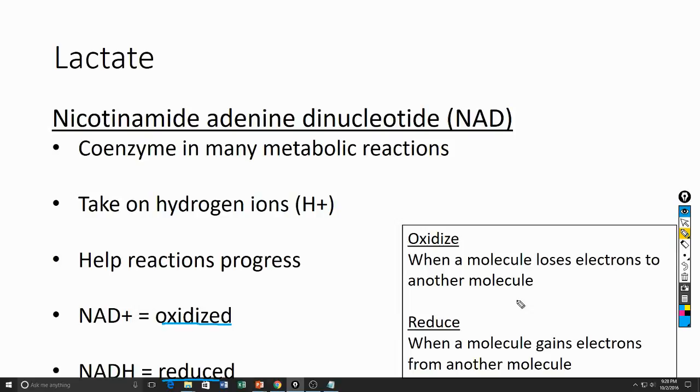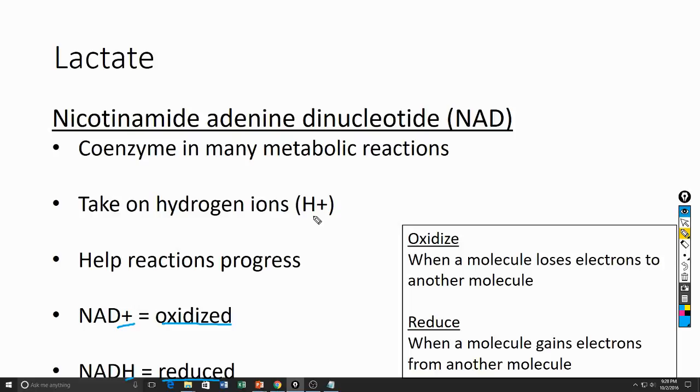I put a little box over here for you guys. Essentially, the oxidized version of something is when it's missing a hydrogen or missing an electron, and the reduced form is when it's got it. So if it's oxidized, it means it's ready to take up a hydrogen, and if it's reduced, it means that it's already got one.